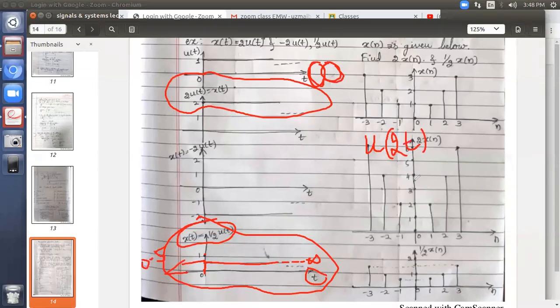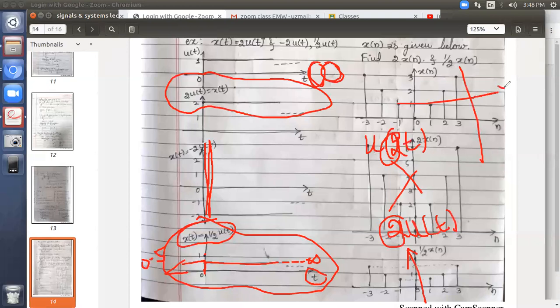Okay, this is not equal to this. Remember, it matters whether the 2 is outside the signal or inside that bracket; both are different things. Now we are working on this. Only the vertical line is important to us, because in the 4 quadrants, if horizontal is the time, vertical is the amplitude, right?